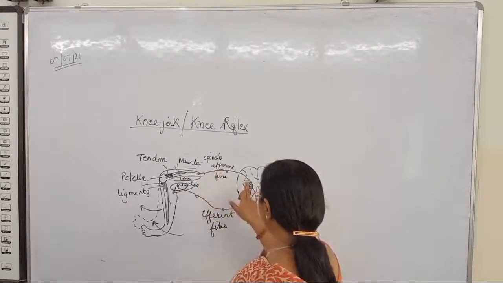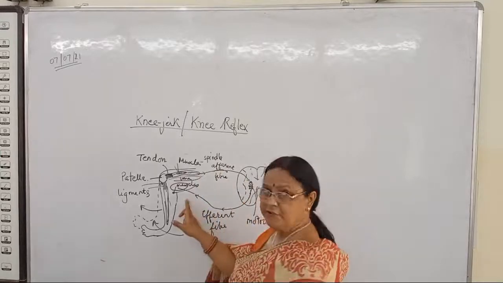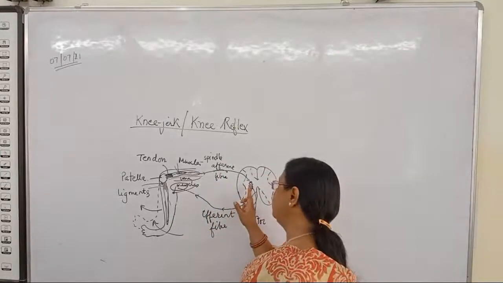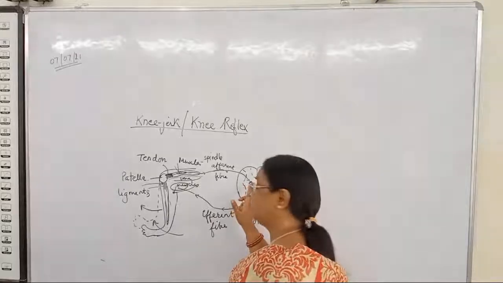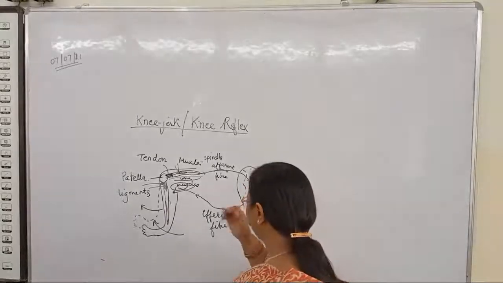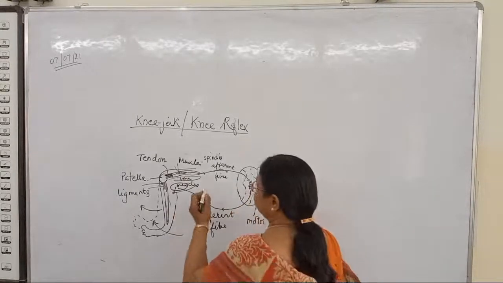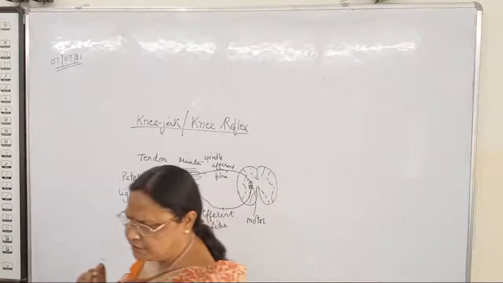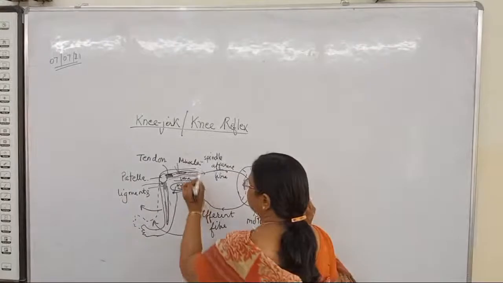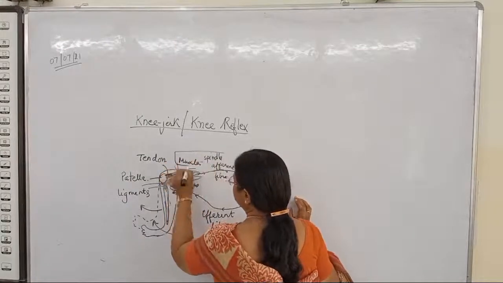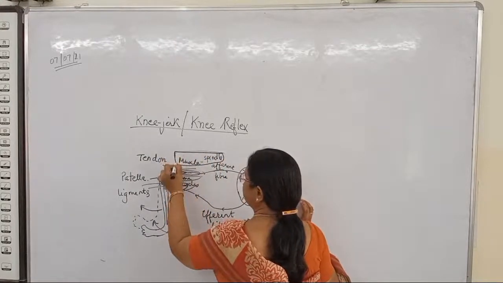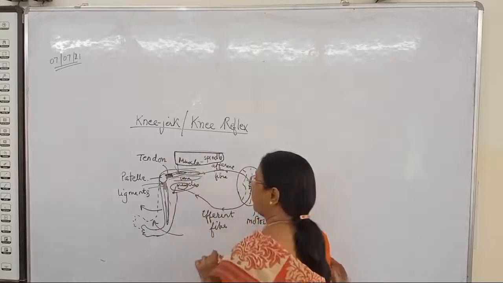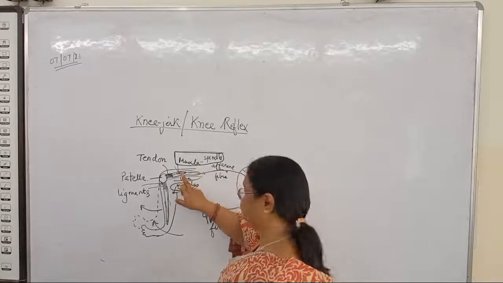One is this afferent neuron, other is this efferent neuron. There is a single synapse here, and that is why it is called a monosynaptic reflex. So the first element in this is the sensory organ or the receptor. Here, the first part of the reflex pathway, you have the first element as the muscle spindle.